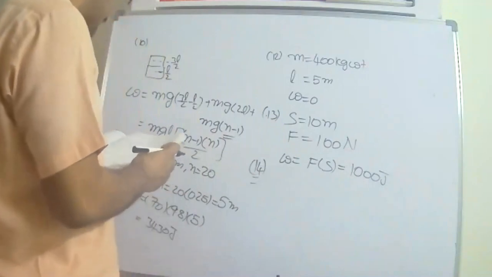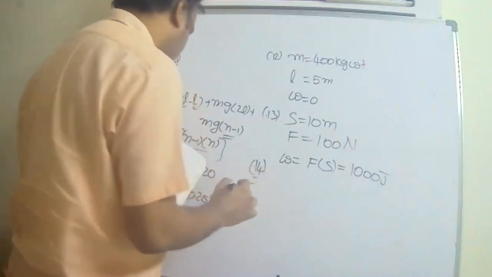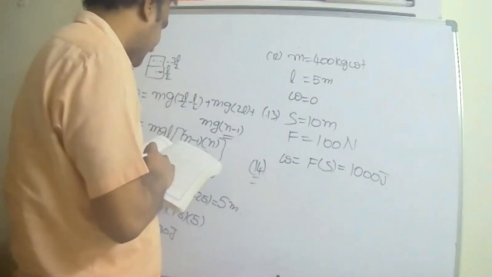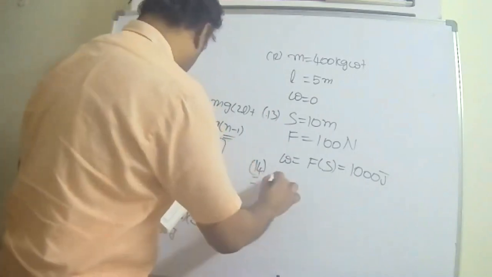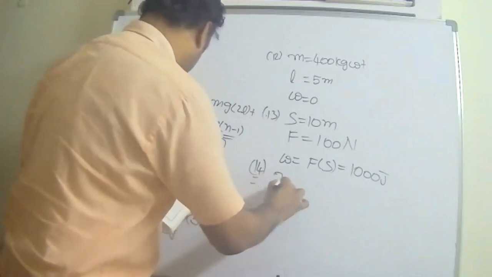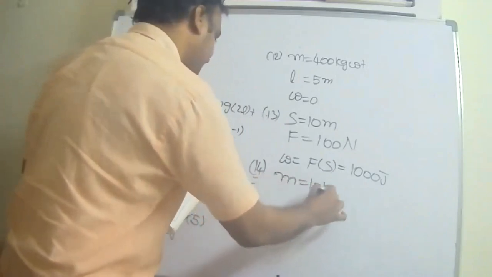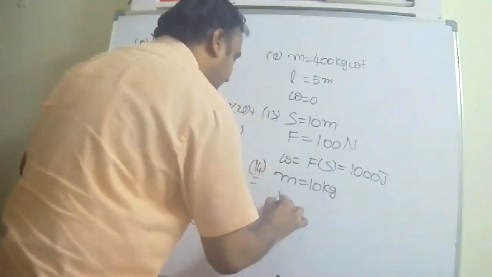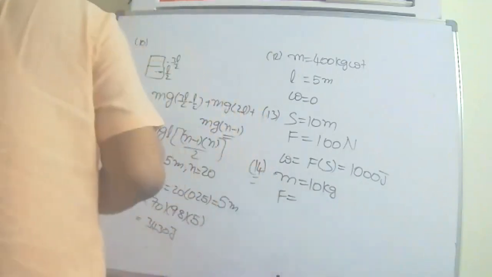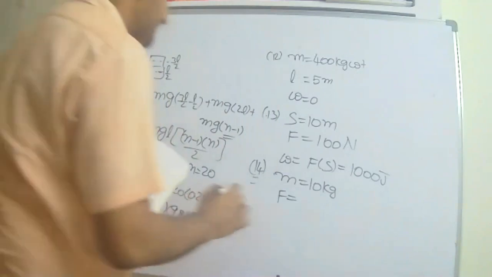A block of mass 10 kg is to be raised from the bottom to the top of a smooth incline of inclination 30 degrees and length 5 meters. The force along the inclined plane is mg sin theta.